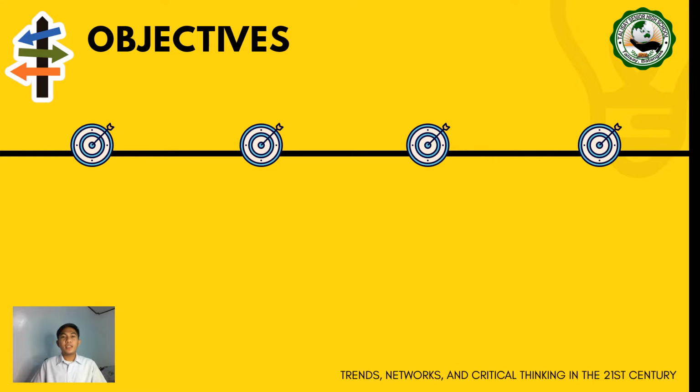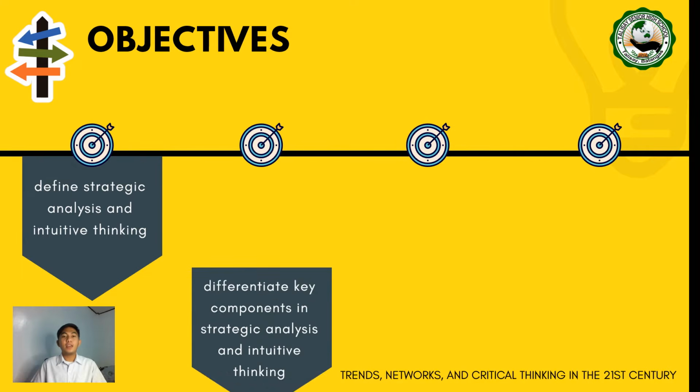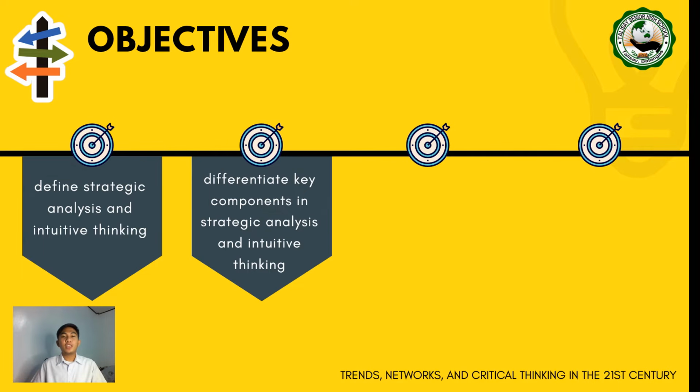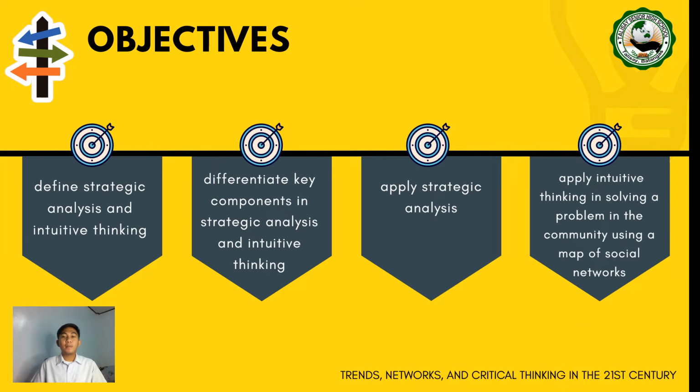At the end of this lesson, you are expected to first, define strategic analysis and intuitive thinking. Second, differentiate key components in strategic analysis and intuitive thinking. Third, apply strategic analysis. And last, apply intuitive thinking in solving a problem in the community using a map of social networks. These are the competencies that you need to acquire at the end of this lesson.